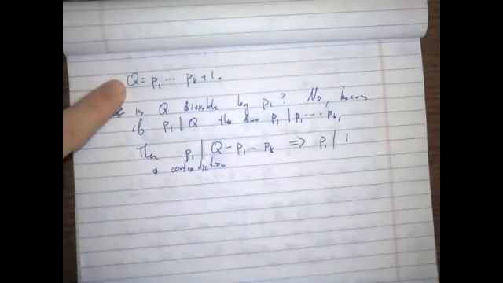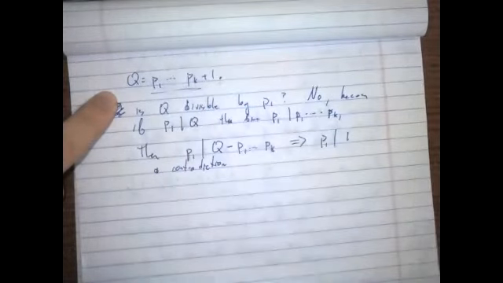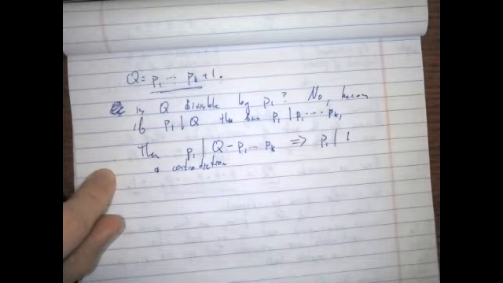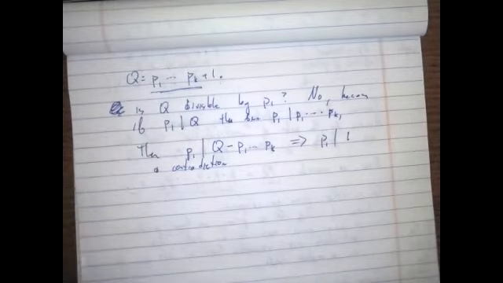So Q is not divisible by P1. And this exact argument works for all of the primes that appear in this product. So Pi was just an arbitrary prime on the list.